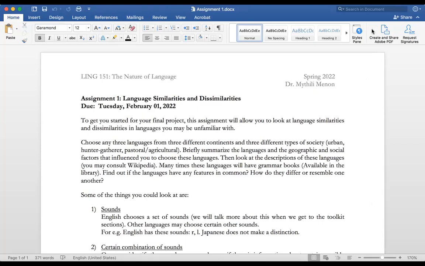We are coming to constructed languages, where you will look at a constructed language that you like or know of, and look at similarities and dissimilarities, assignment 2. So first we start with natural language, then we go into constructed language, and then you go into your own language. That's the progression. So for this, just use natural languages that already exist.